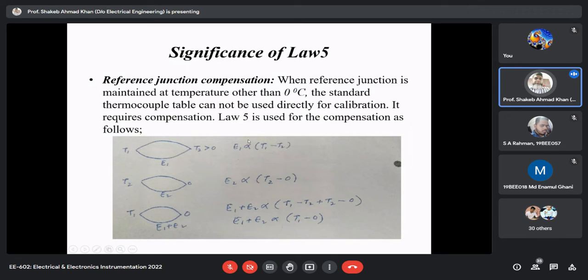If T2 is 0, then E1 will be more for the same junction temperature, because the difference will get enhanced.